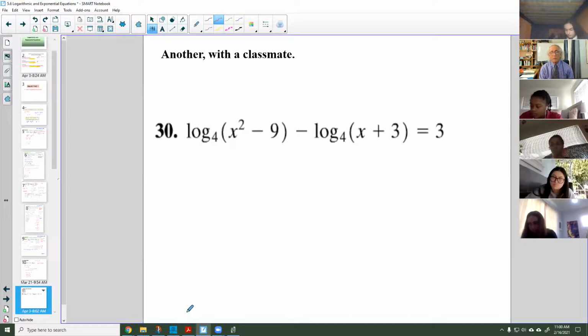Oh, this one's a little bit tricky. Notice though, that I have 2 logarithms here and there is a minus sign there, okay? It is not a plus sign. So I have to use a different property to get it into a single logarithm.